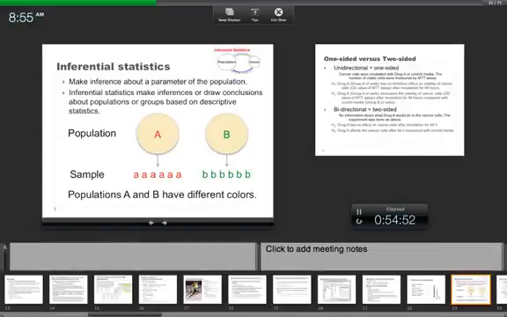We take samples from population A, and we see all these little letter A's. From population B, we see all these little letter B's. So we conclude that populations A and B have different colors. So how do we know that? It's based on the samples which we draw from.